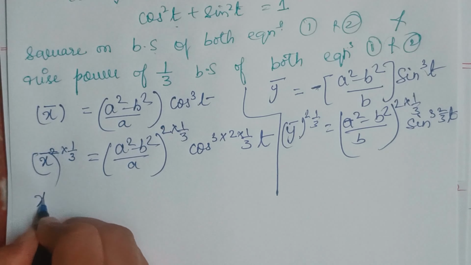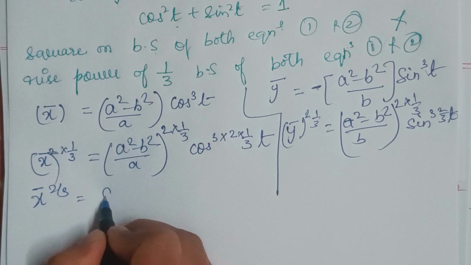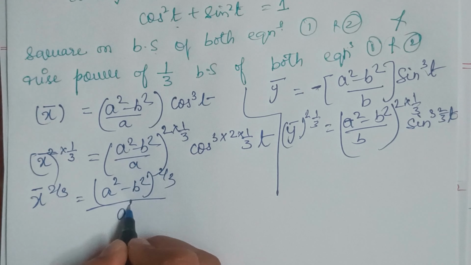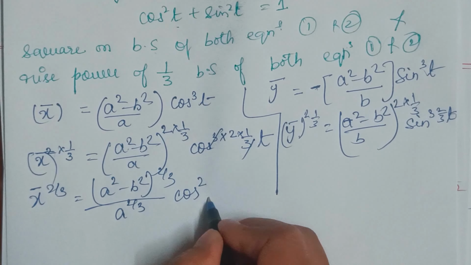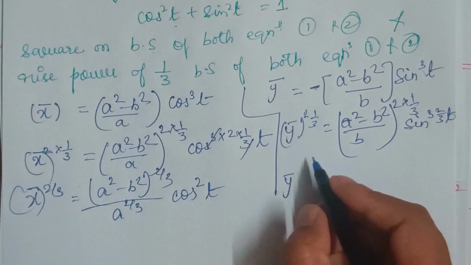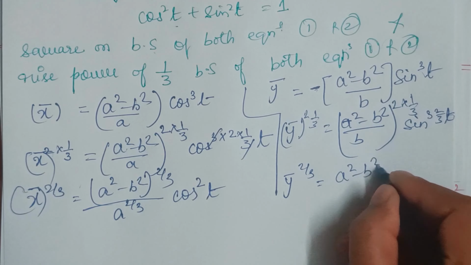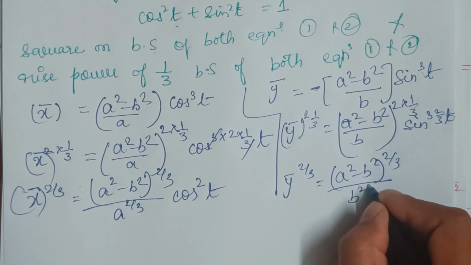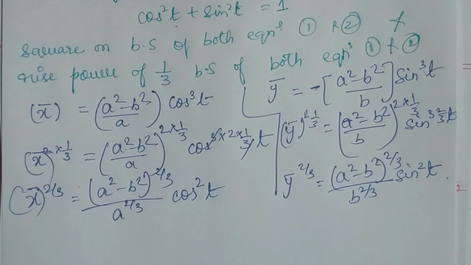Now it becomes x bar to the power 2 by 3 is equal to a square minus b square whole to the power 2 by 3 divided by a to the power 2 by 3 into cos cube, and cube will get cancelled, square t. This will become y bar to the power 2 by 3 is equal to a square minus b square to the power 2 by 3 divided by b to the power 2 by 3 sine square t.